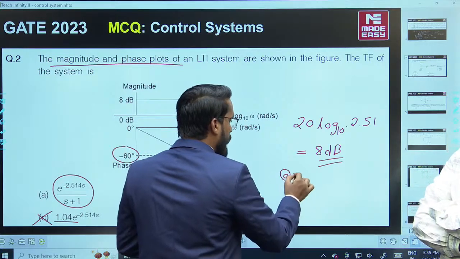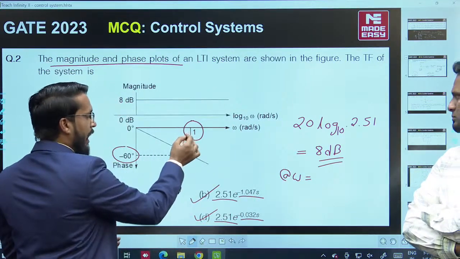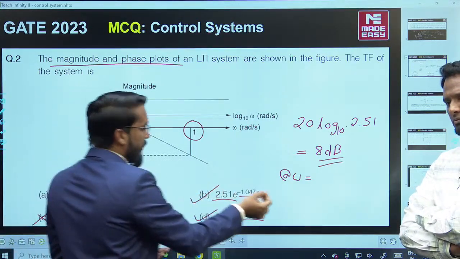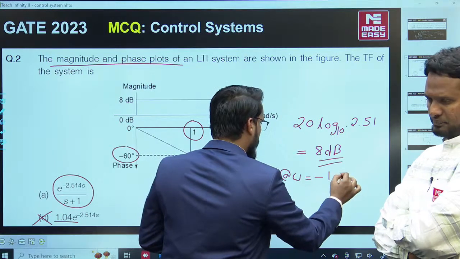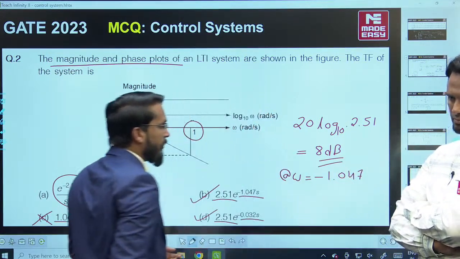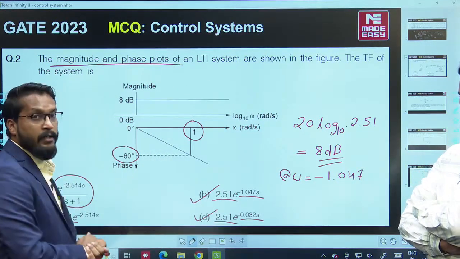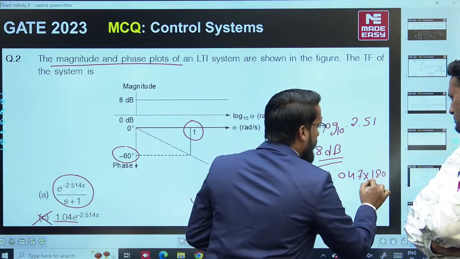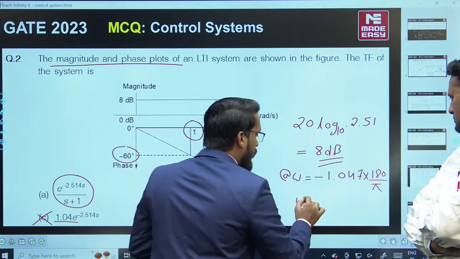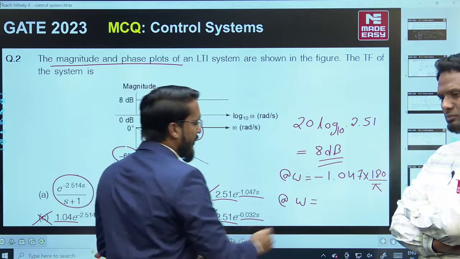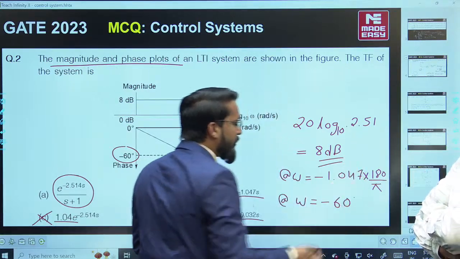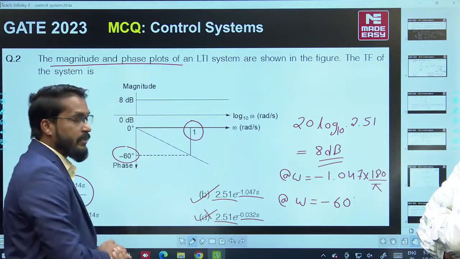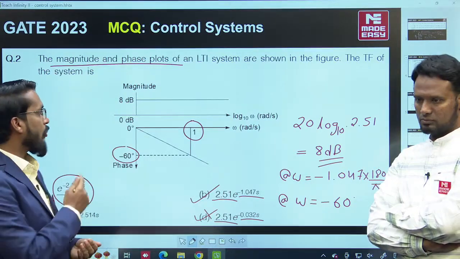At omega equal to 1, from option B we get minus 1.047, but this is the radian value and we want the value in degrees. So we multiply by 180 degrees divided by pi. At omega equal to 1, we get approximately minus 60 degrees. So obviously the other option is wrong, and option B is the correct answer to this question.